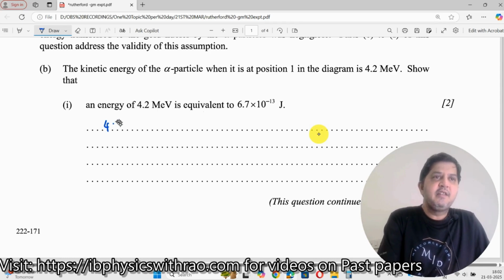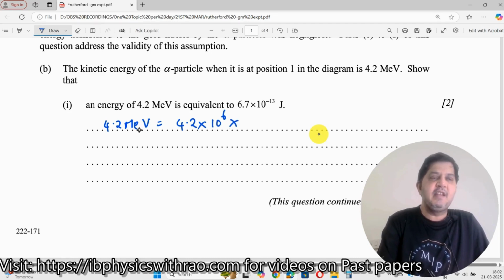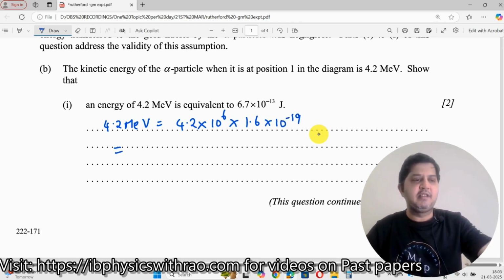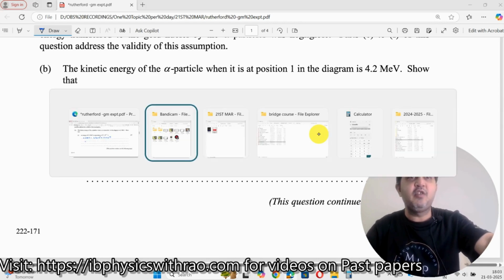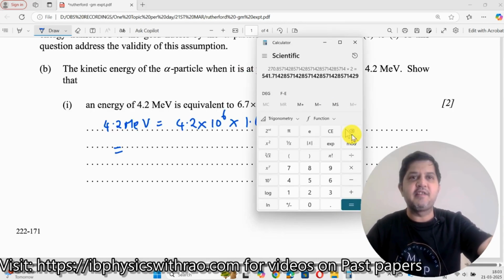So let us write 4.2 MeV as 4.2 × 10^6 multiplied by e, where e is 1.6 × 10^-19. Now when I multiply all this and simplify, I will get the value.